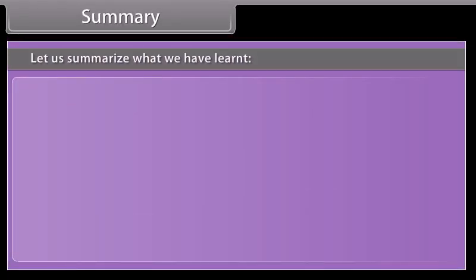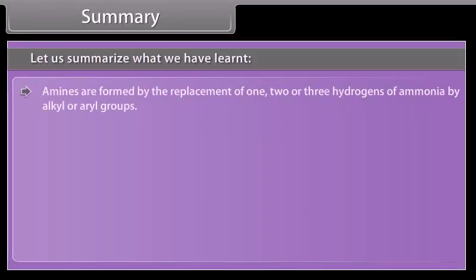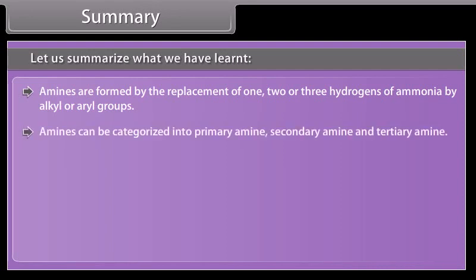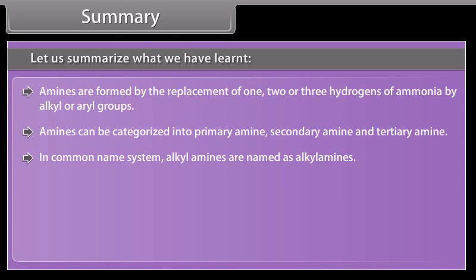Summary. Let us summarize what we have learned. Amines are formed by the replacement of 1, 2 or 3 hydrogens of ammonia by alkyl or aryl groups. Amines can be categorized into primary amines, secondary amines and tertiary amines. In common name system, alkyl amines are named as alkylamines.